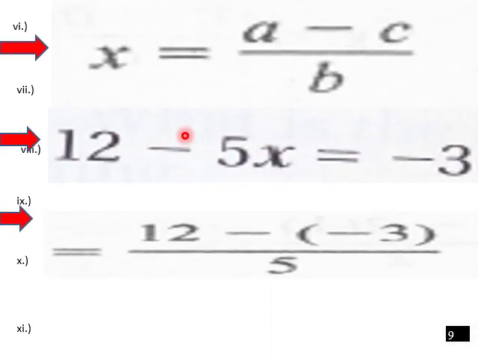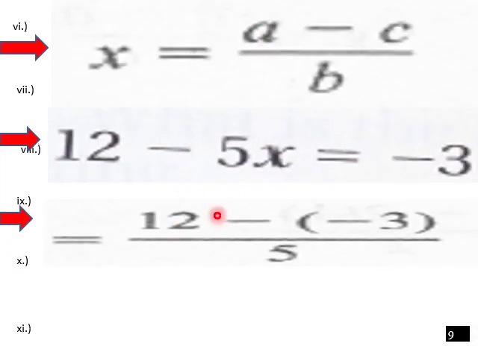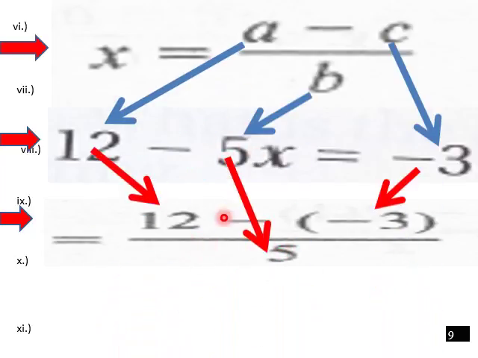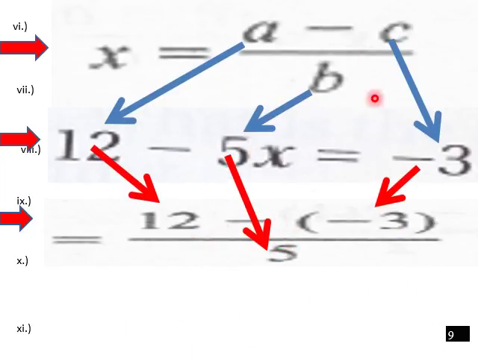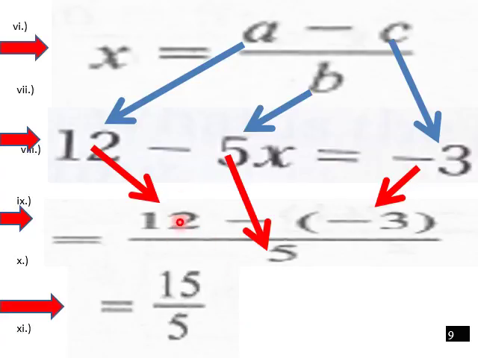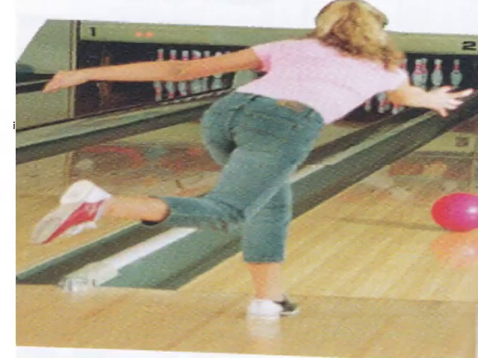So now we're going to plug in from here, and we get this: 12 minus a negative 3 over 5 from our plug-in here. 12 is a, our c here would be negative 3, and our b would be 5 here. So then we go into solve here. 12 minus the negative 3 would be 15 over 5, which equals 3.